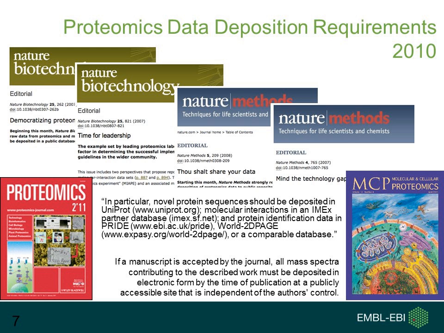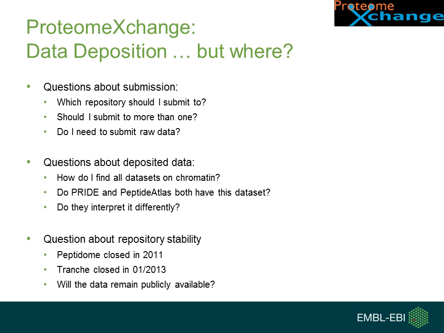But even if you are willing to do your best and to make the data which accompanies your publication accessible, there were a number of questions around 2010 when we started ProteomeXchange, which we have often been asked. And these questions are about submission. Which repository should I submit to? There were more than one, and they were not coordinated.